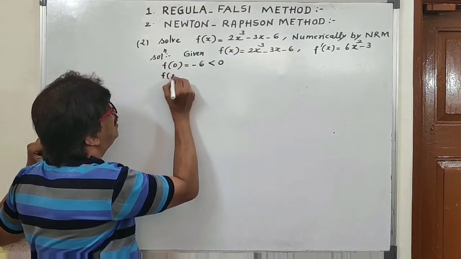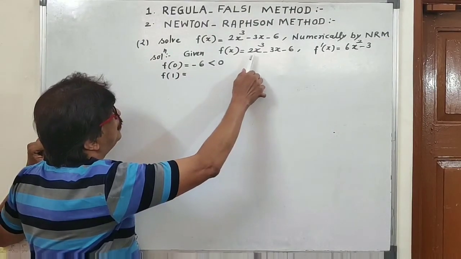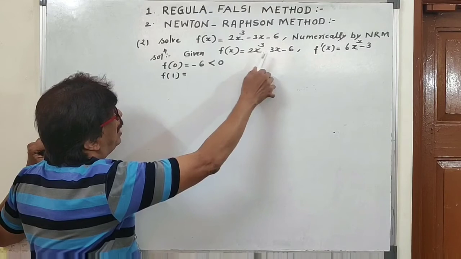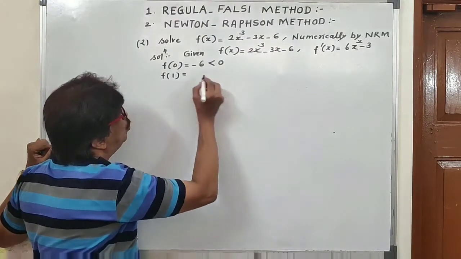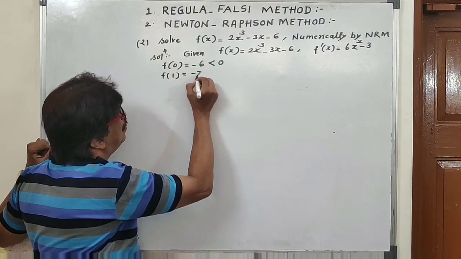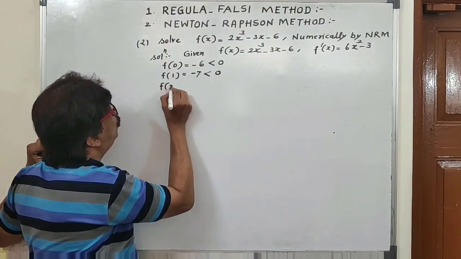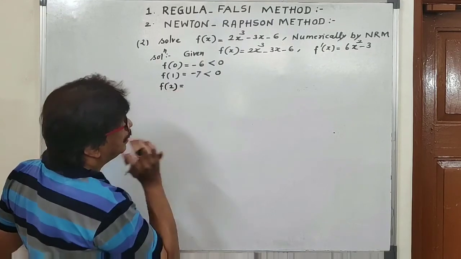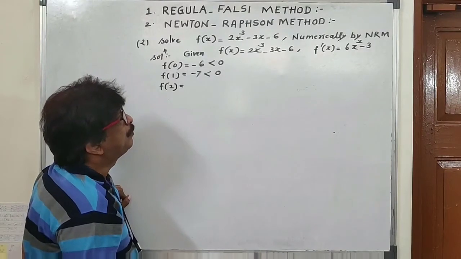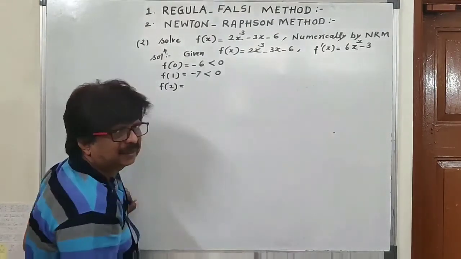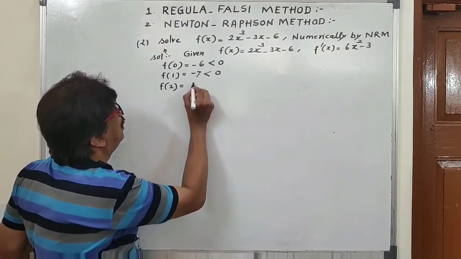What is f(1)? f(1) is 2 − 3 − 6, which is −7. It is again negative. Now what is f(2)? 2 into 2³ is 16, minus 6 minus 6, 16 − 12 is 4. It is positive.